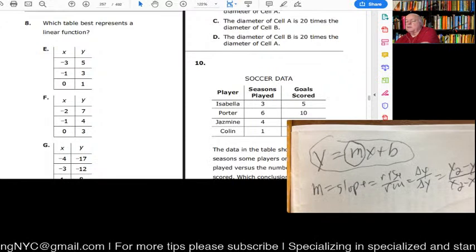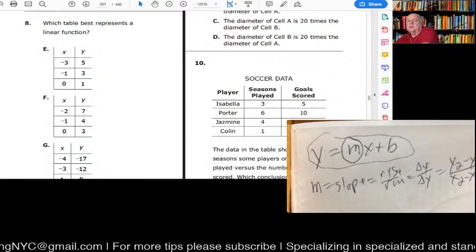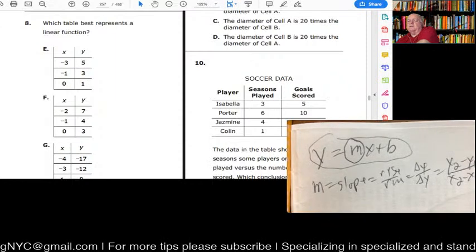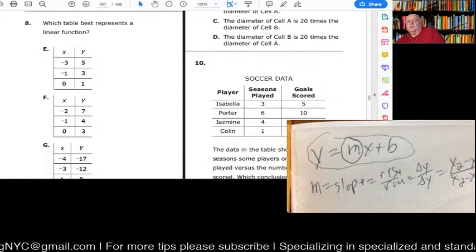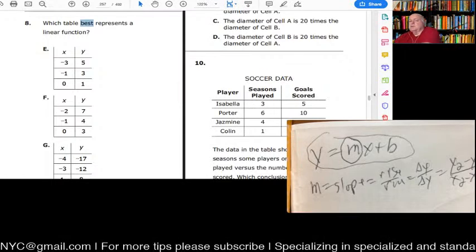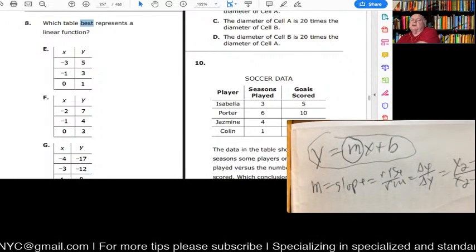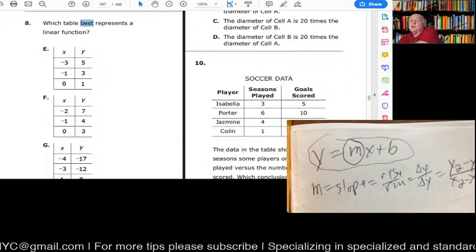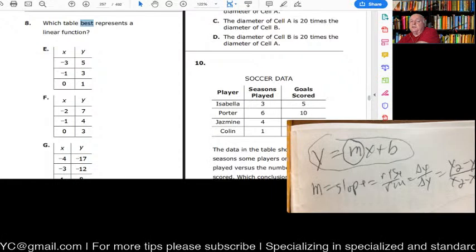The second thing I notice is that it says which table best represents a linear function. If we go to the question there, that word best annoys me. Because do they want us to find something that literally is a linear function or comes close to being a linear function?